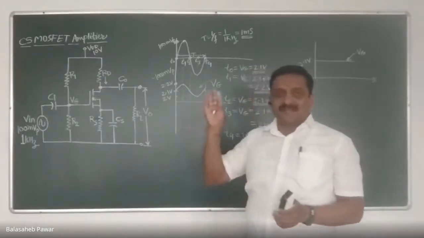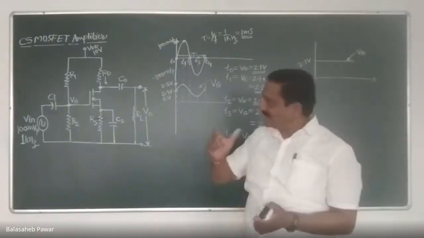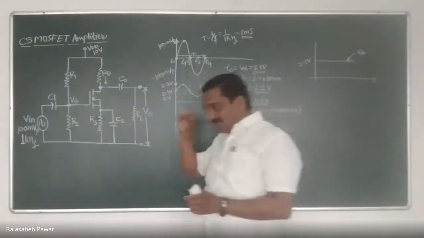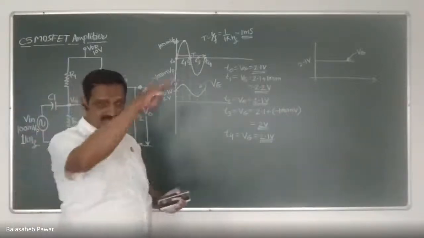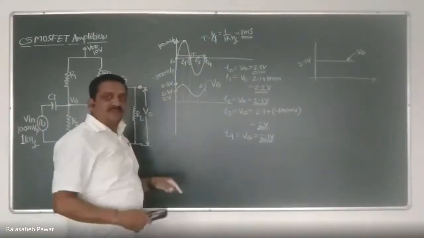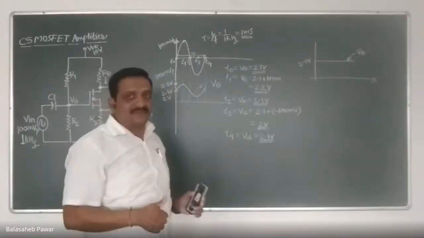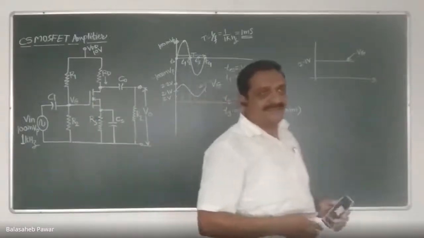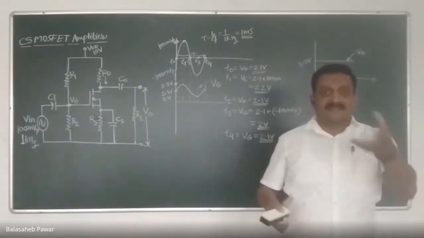At the same node, we applied a sine wave of 100 millivolt peak. By that sine wave, the DC gate voltage will become time varying like this. One more thing you will observe: VG is not a sine wave. Sine means that the signal contains positive values, negative values, as well as zero value.